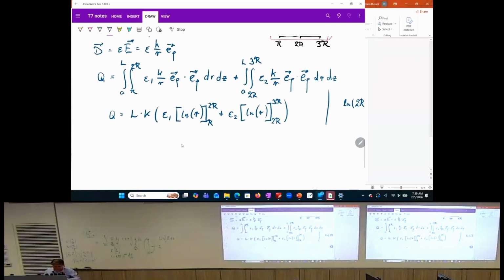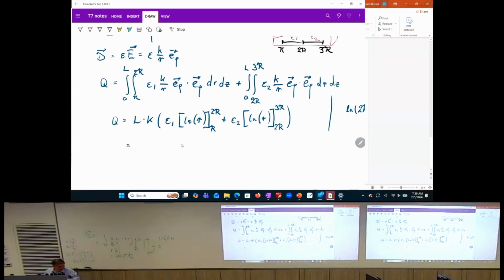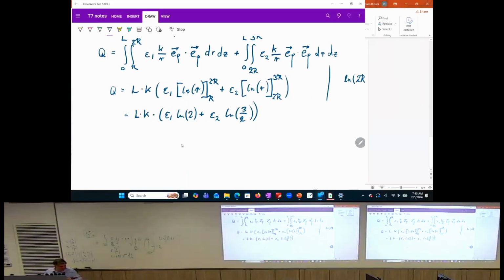So if you make use of that, this here will become L times K times epsilon 1 ln 2 plus epsilon 2 ln 3 halves. So you have the charge.